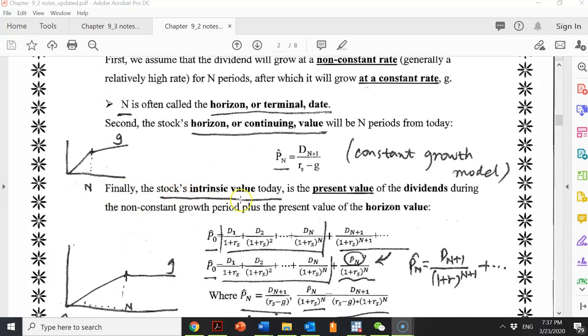Finally, the stock's intrinsic value today, P0, is the present value of the dividends during the non-constant growth period, the first stage, plus the present value of the horizon value. So for horizon value, it is the discounted value of all the dividends in the second stage to date n.